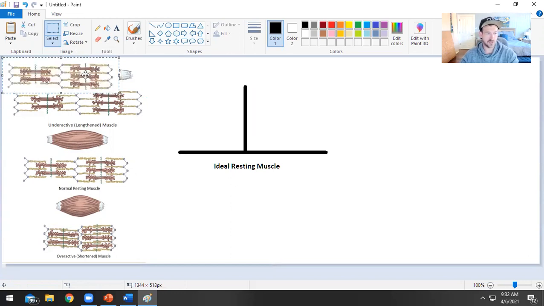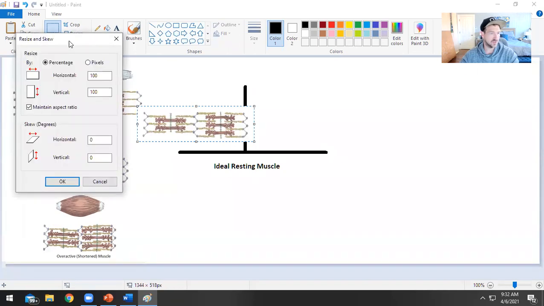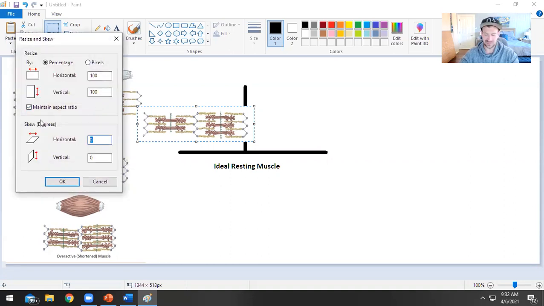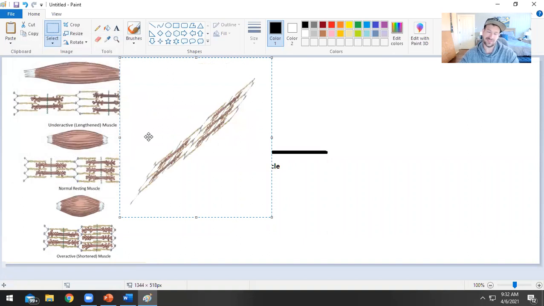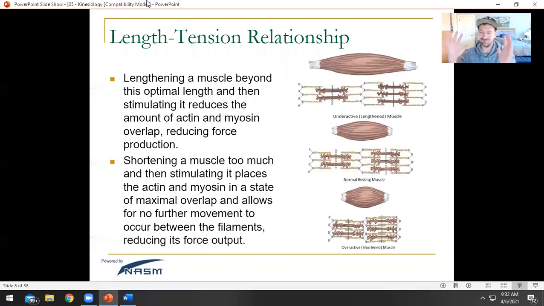Wait, actually, hold on. Resize. Rotate. I don't want to do 90. Let me do 45. Will that do? No. Okay. All right, this was a huge failure. Someday I will have a real whiteboard again.